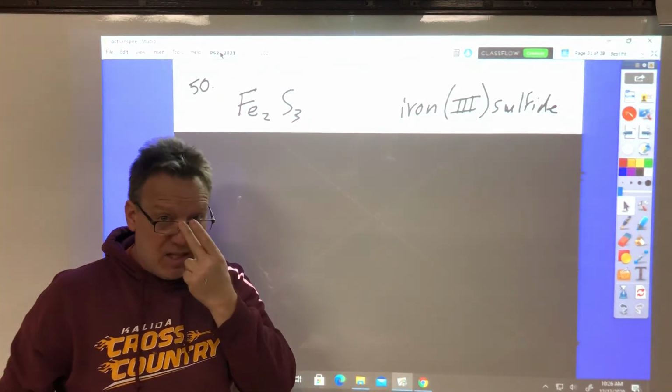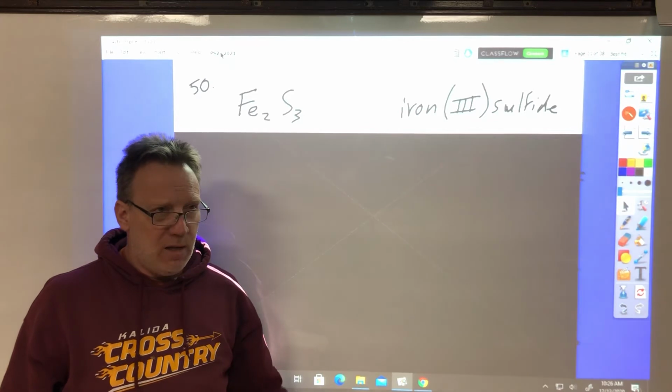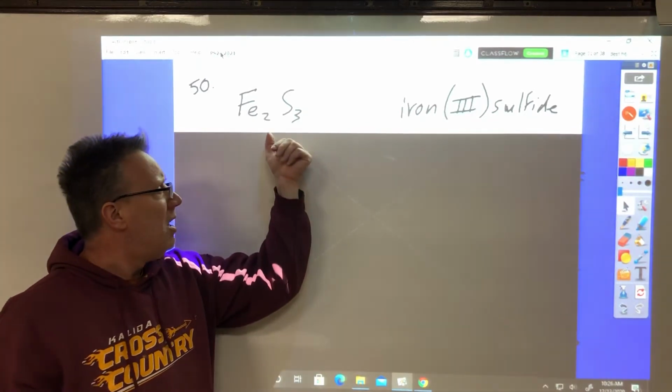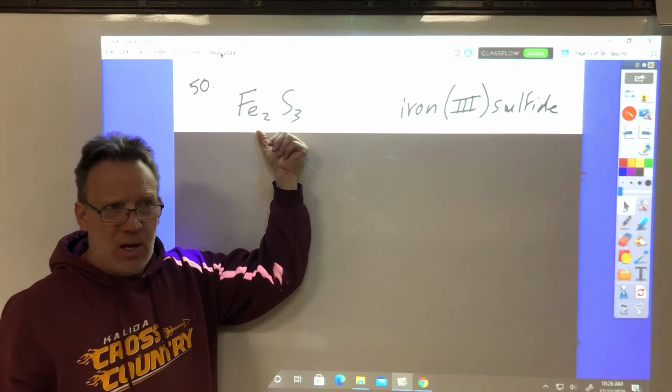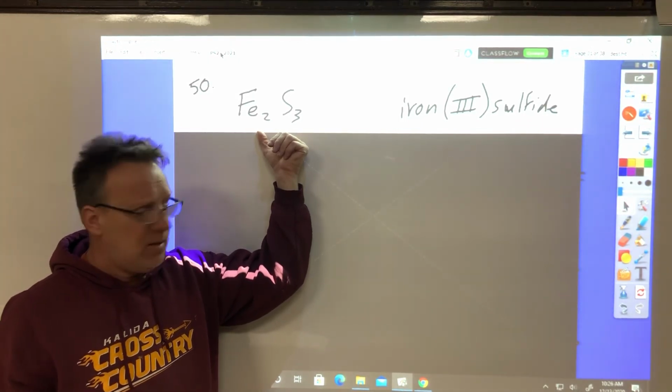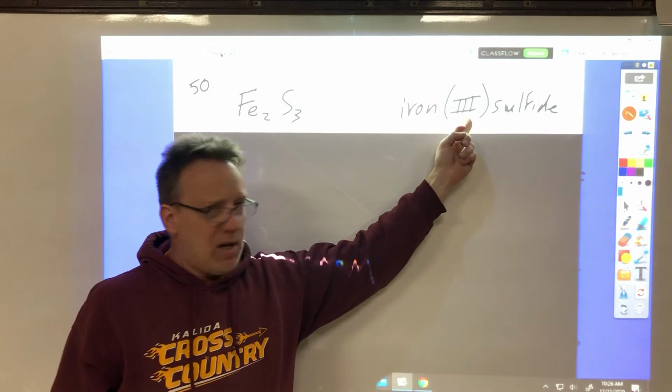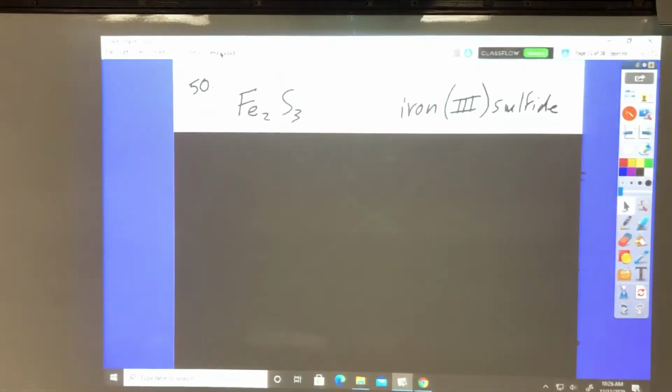And if the 6 negatives are balanced by 6 positives, and the 6 positives are split among 2 ions, how many are they each? 3 and 3. So it's iron(3+) sulfide.